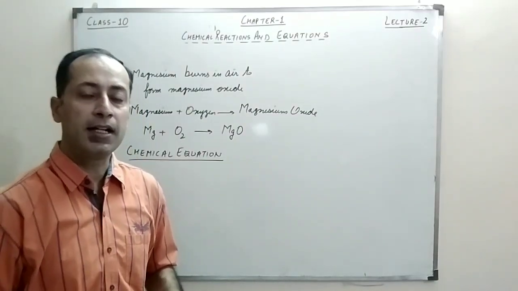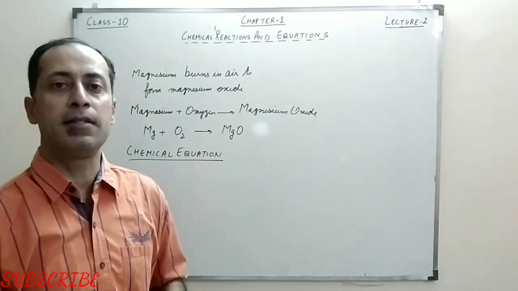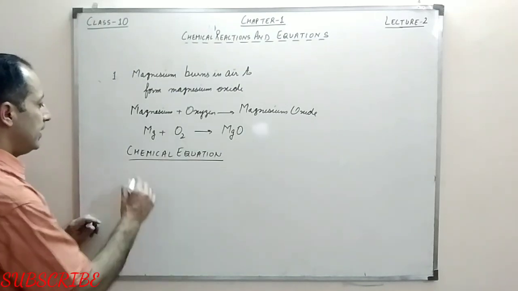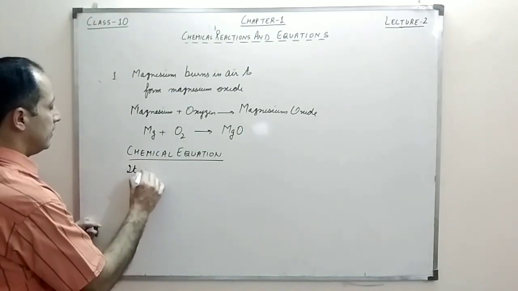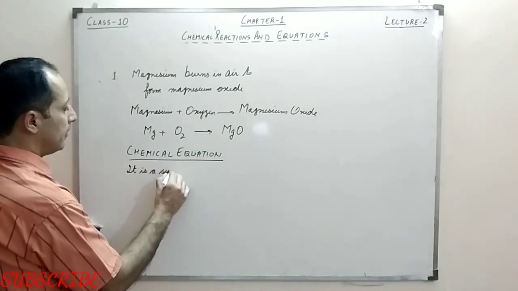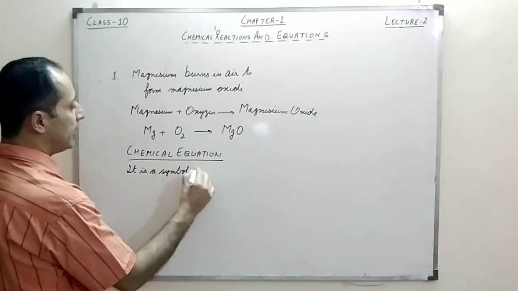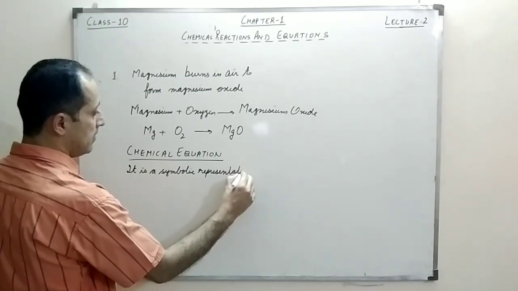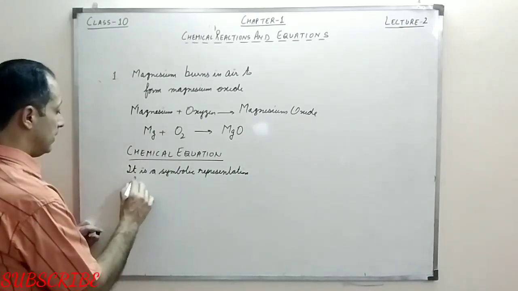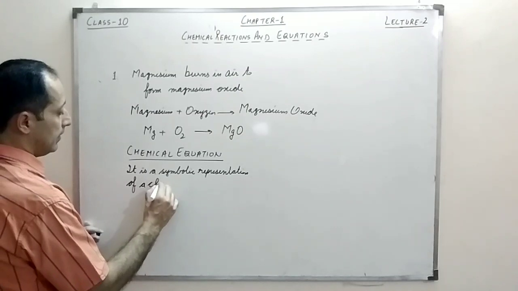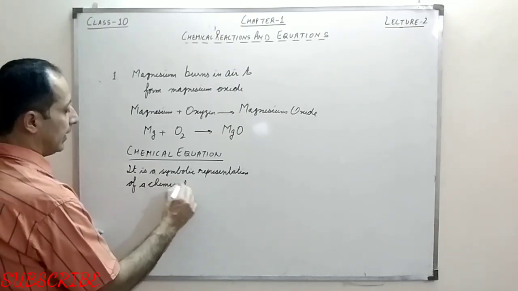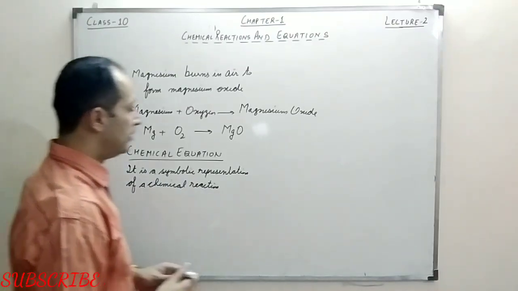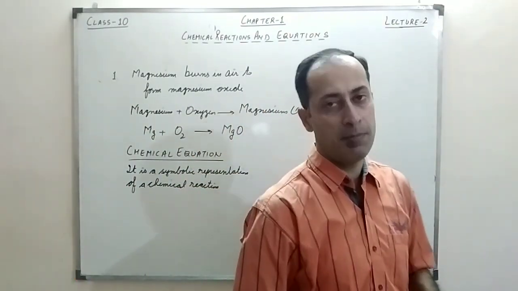So we can say a chemical equation is basically a symbolic representation of a chemical reaction. Right, friends? So this is what we call a chemical equation.